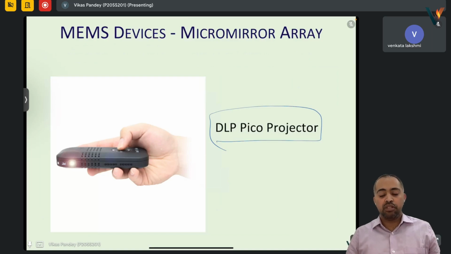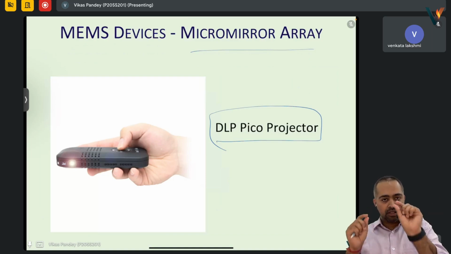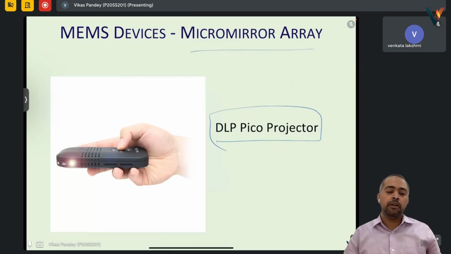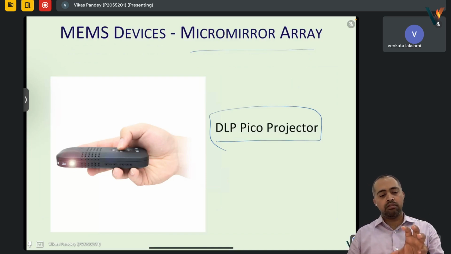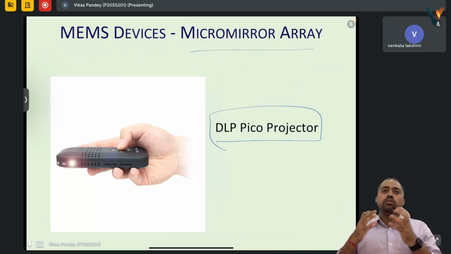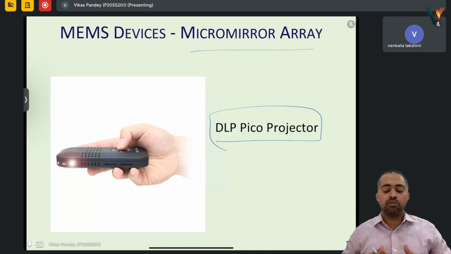That is due to this micro mirror array. Inside it we have a lot of small mirrors that are able to spread out the small image onto a bigger screen, instead of earlier, when we used to have big lens projectors and the whole image was going out based on the diffraction of the light.